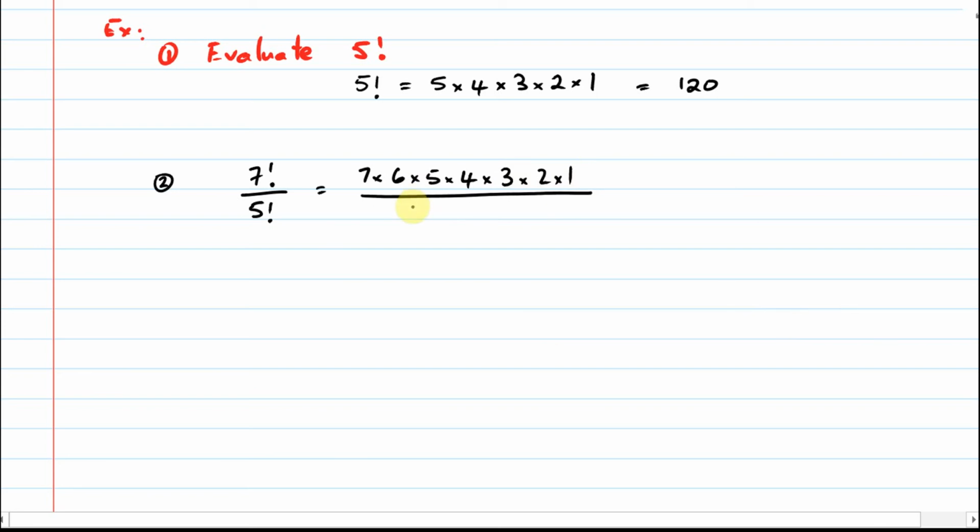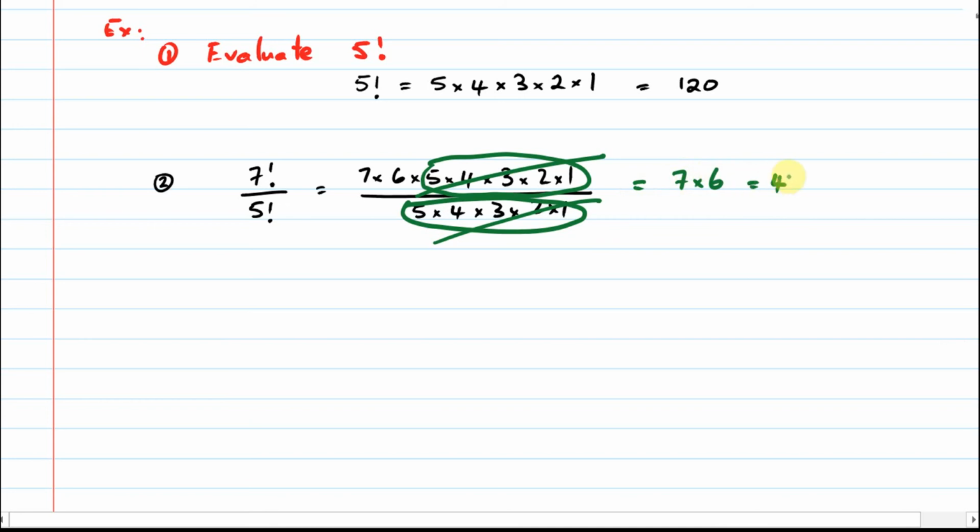Now I'm going to divide by 5 by 4, 3, 2, and 1, just expanding what the 5 factorial is: start from the 5 and decrease to 1. As I go through, you might notice that 5, 4, 3, 2, 1 appear in both the numerator and denominator, so we can cancel them. So the result is simply 7 times 6, which is 42.